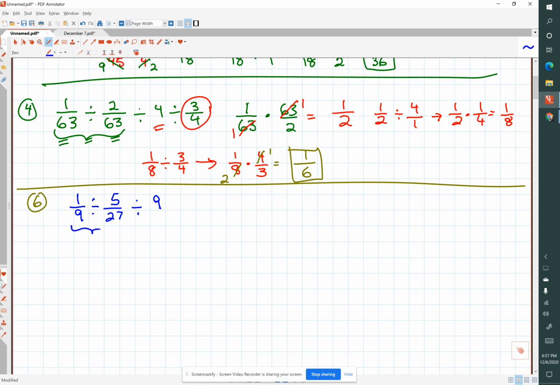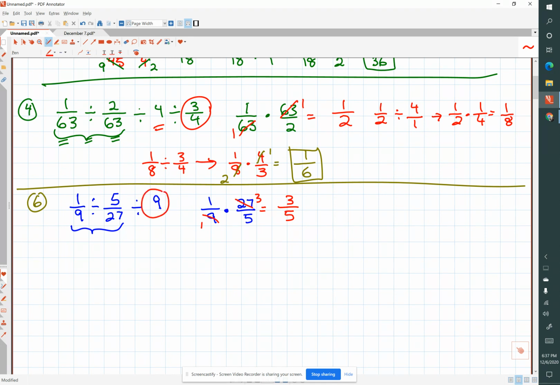So we'll do these first two fractions first, rewriting them as multiplication by the reciprocal, which is 27/5. And we can simplify the 9 and the 27. 9 divided by 9 is 1. 27 divided by 9 is 3. So 1 times 3 is 3. 5 times 1 is 5.